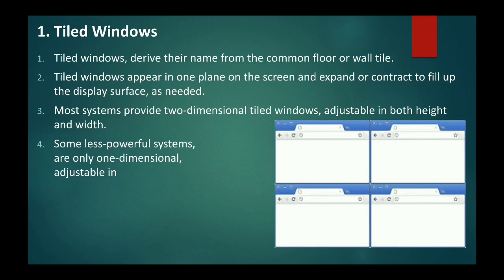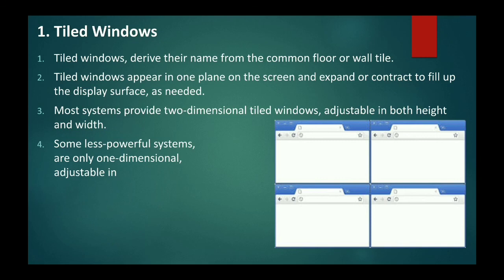The tiled windows appear in one plane on the screen and expand or contract to fill up the display surface as needed. For example, if you have two windows, they will take 50% each. If you have four windows, they will take 25% each.